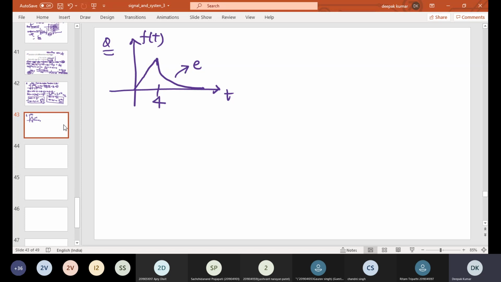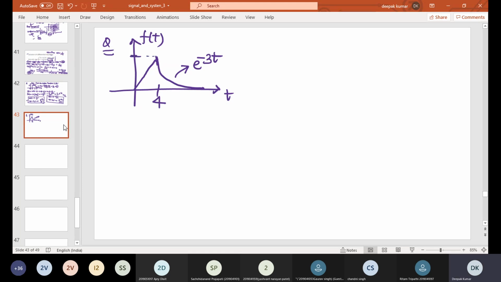It is e to the power minus 3t. The graph of this e to the power minus 3t is given from t equal to 4 seconds.